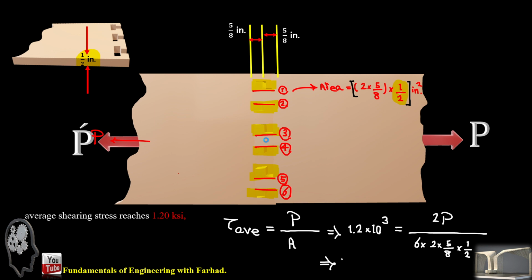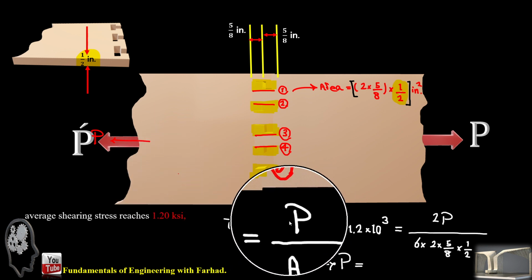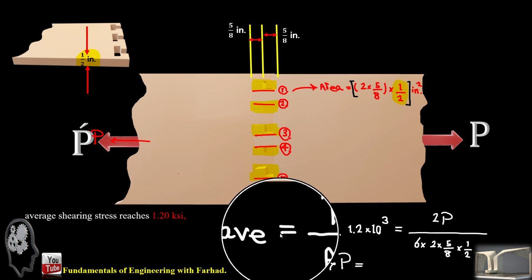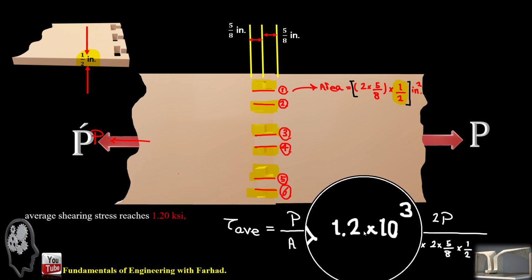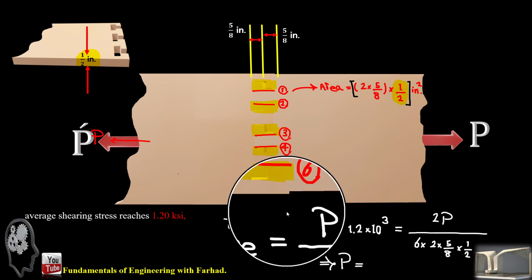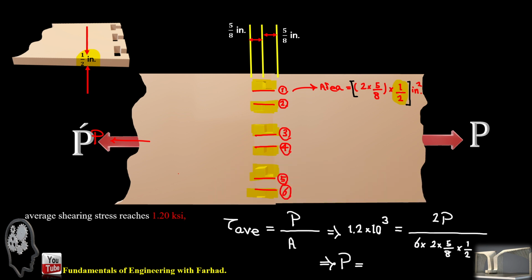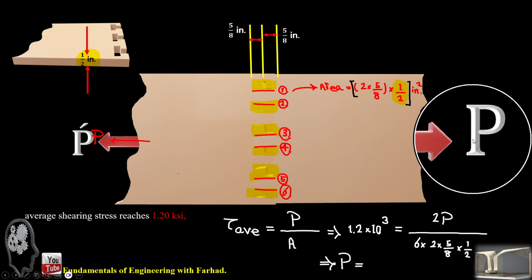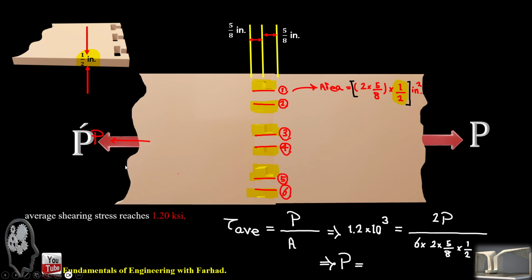Tau average is nothing but the force over the area, and we are provided with tau average, which is 1.2 times 10 cubed, that's ksi, kilopounds per square inch, and that's equal to 2 times P, because we have two forces, we are pulling the plates from both ends.